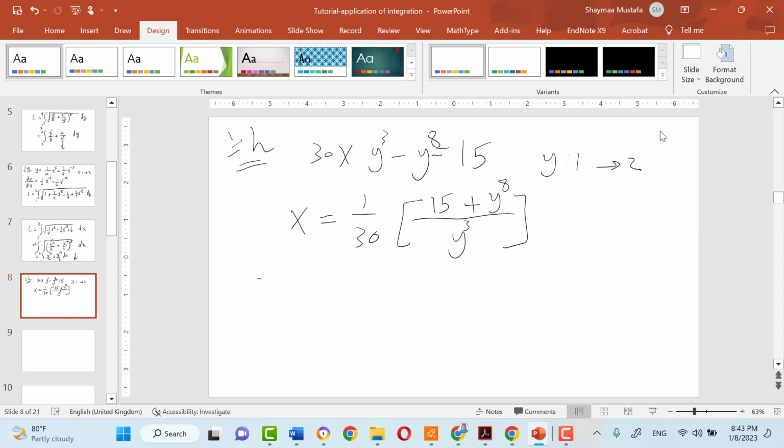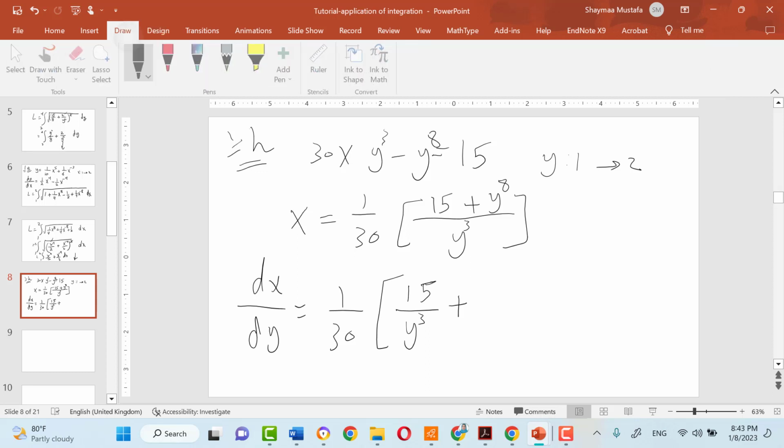So now dx over dy is 1 over 3, 15 over y cube plus 15, because this one still x.